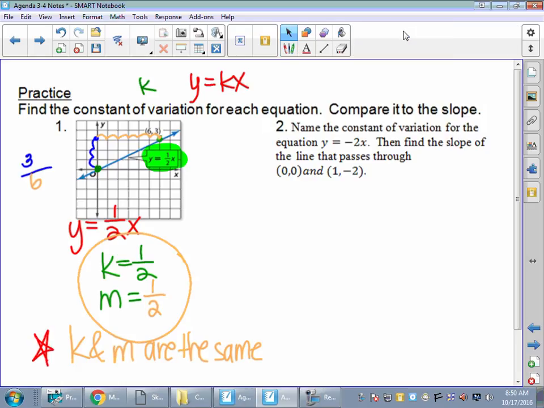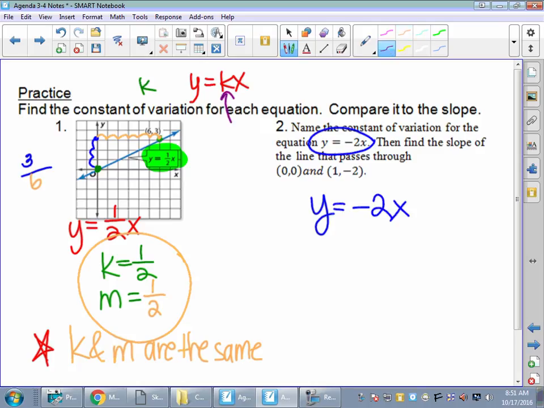Number 2, it says to name the constant of variation for the equation y equals -2x. Then find the slope of a line that passes through (0, 0) and (1, -2). Well, if you're looking at this equation, what's the constant of variation, knowing that y equals k times x?